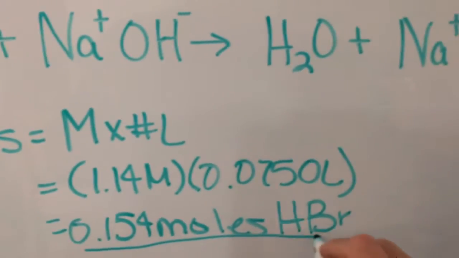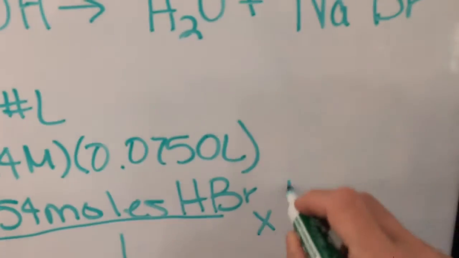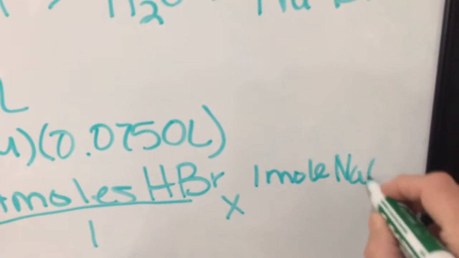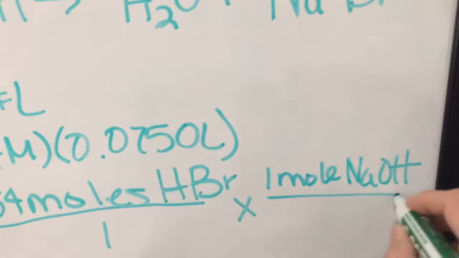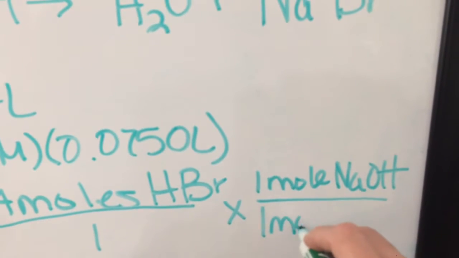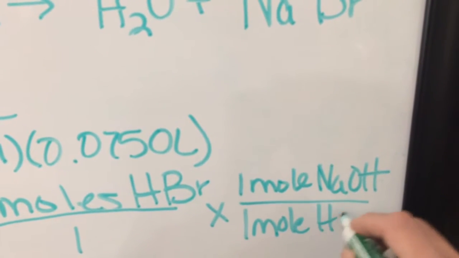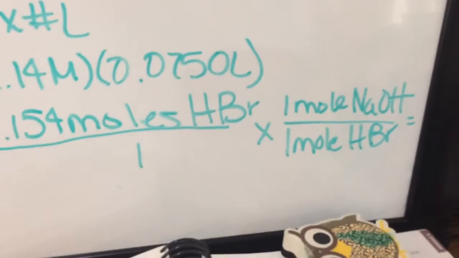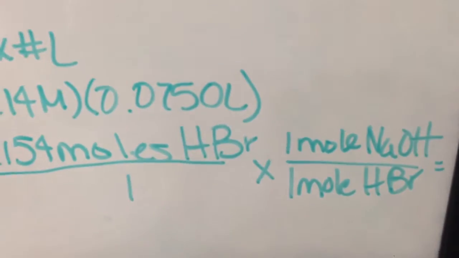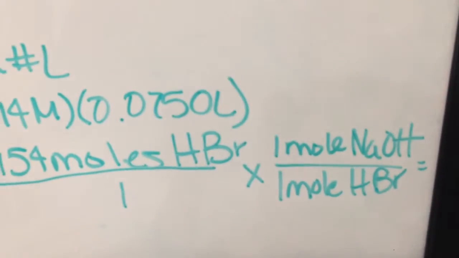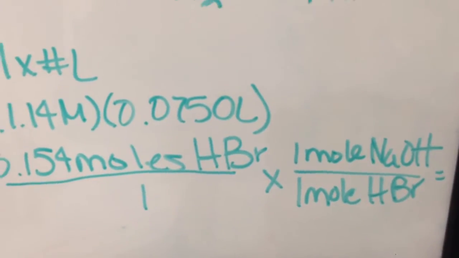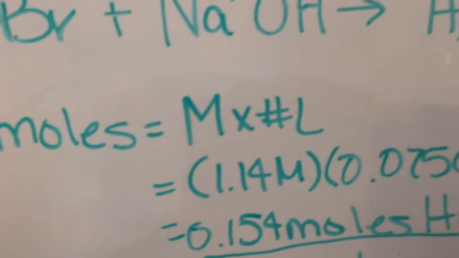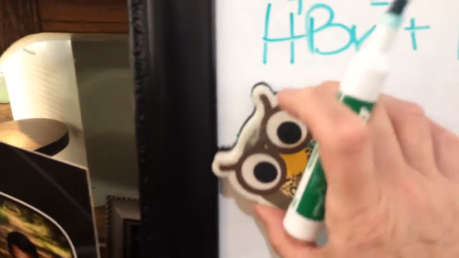So that's what I would do here, times 1 mole of NaOH is equal to 1 mole of HBr. And so my answer is going to equal the same thing, 0.154 moles of HBr. I'm going to erase this so I can rewrite it over here and keep going with my problem.